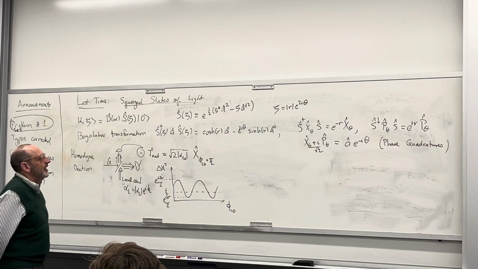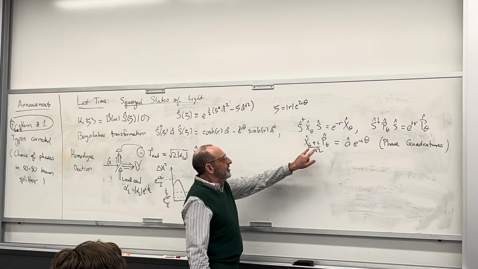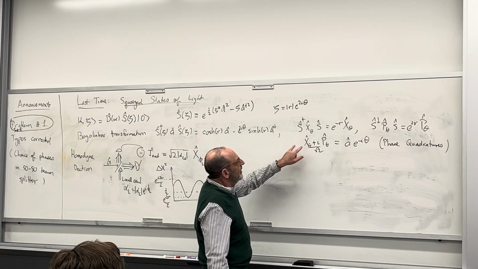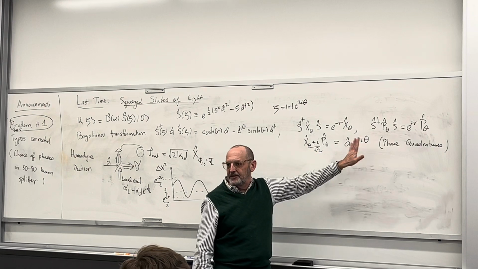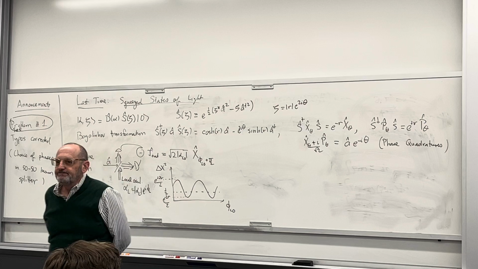So x and p sub theta are the two quadratures relative to the oscillation, relative to some phase.